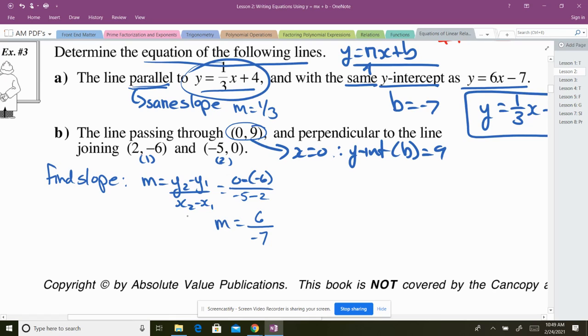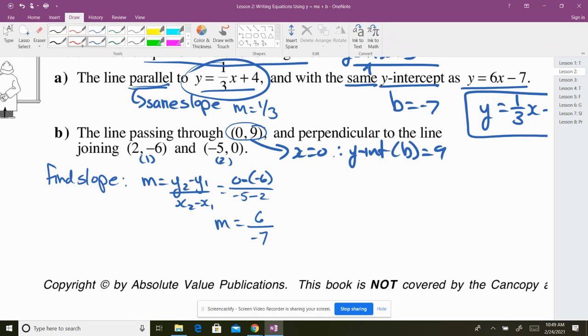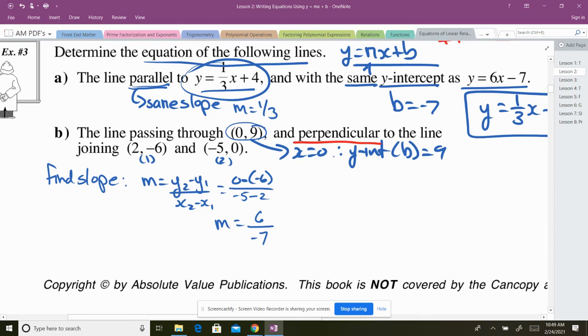So that is my slope for what goes between those two lines. But what other word did they put in there that is super, super important? It's perpendicular to that. Therefore, my perpendicular slope is what? Positive 7 over 6, because you flip it and put a negative, and the negatives cancel, and you get 7 over 6.